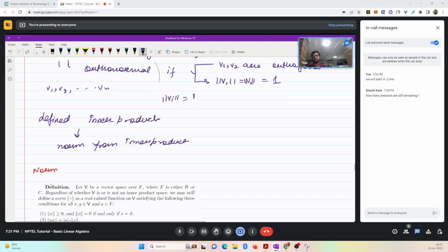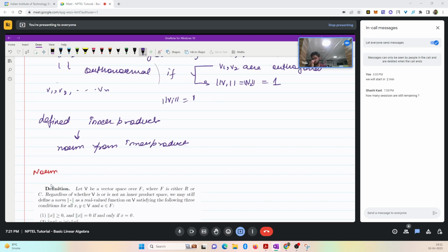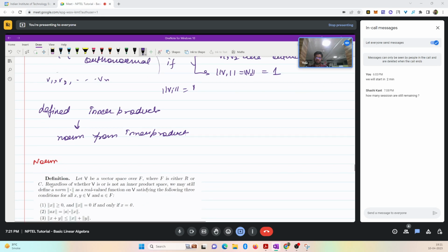But one thing I want to mention, probably this was not covered in the course, but I thought it is useful: it is not necessary that your norm comes only from an inner product. What I mean is that it is not necessary that any kind of length that you define on a space should always come from some inner product. That is not necessary.